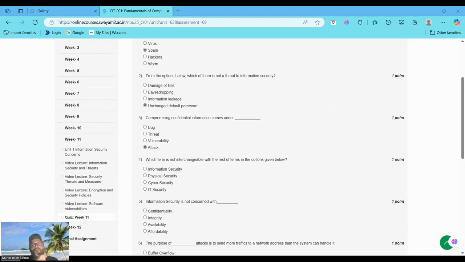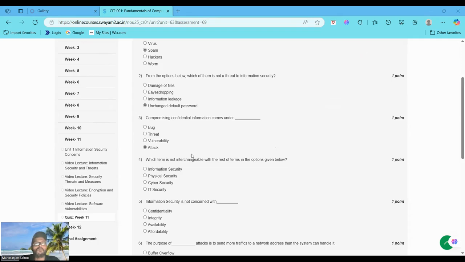Option A is bug. A bug is a software flaw, not the act of compromising. Threat is a potential danger, not the act itself. Vulnerability is a weakness that can be exploited, not an act. That's why we choose option attack.